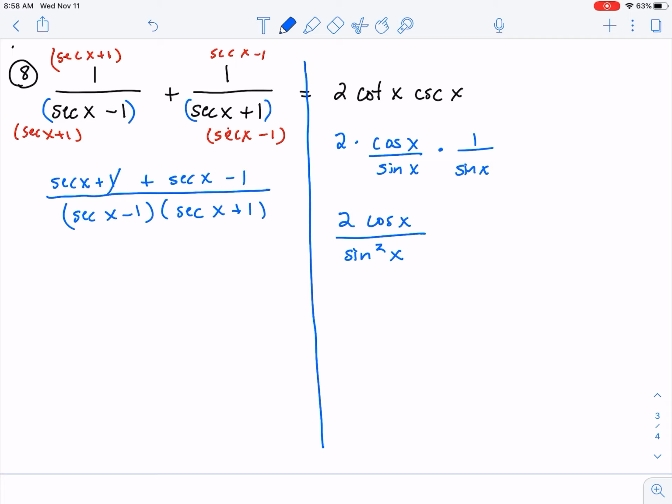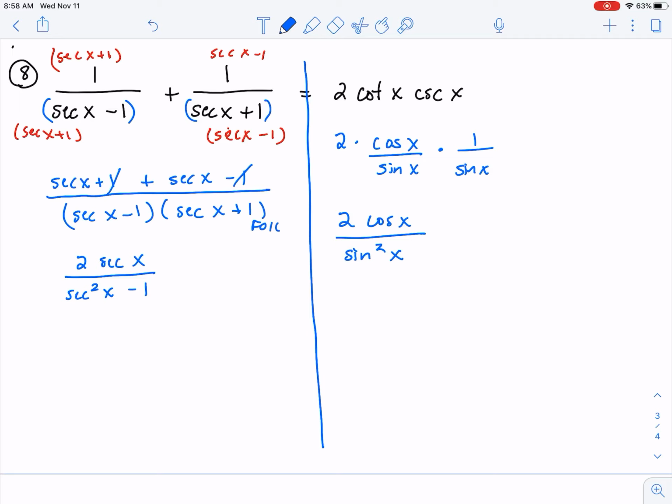Let's see here. That 1 minus 1 cancels, and I have 2 secant x's over, well, I'm going to go ahead and FOIL the denominator. That's going to be secant squared x minus 1. Okay, well, let's see.